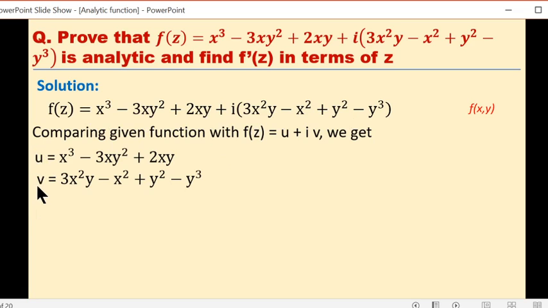Once we get the real and the imaginary part, we find their partial derivatives. So first we find the partial derivative of u with respect to x.